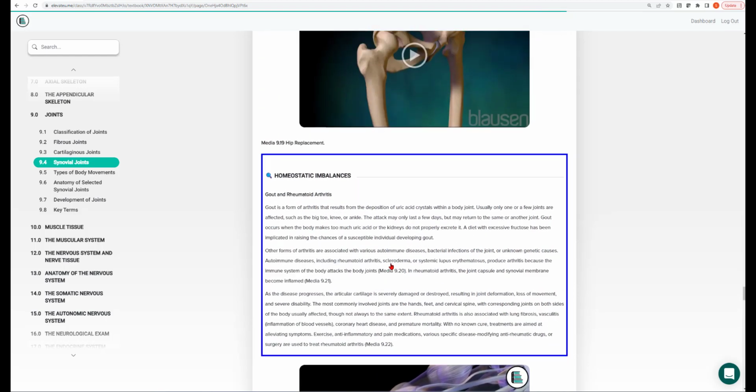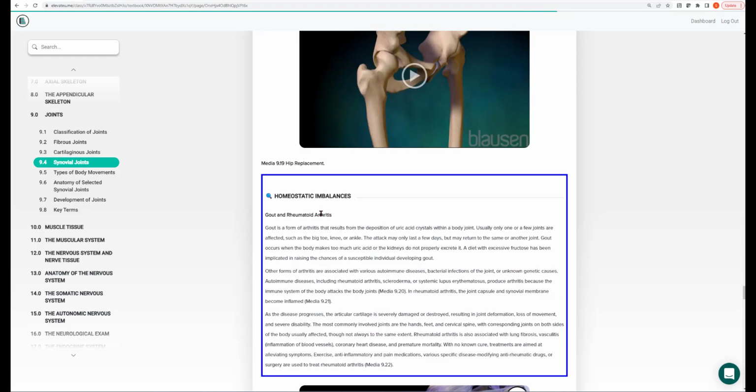Another type of arthritis, however, a couple different types. One is rheumatoid arthritis. This is not as common, but it is an autoimmune disease that affects women more than men. It is a very deforming, painful sort of arthritis where the body's immune system begins to attack the cartilaginous structures of the joint.